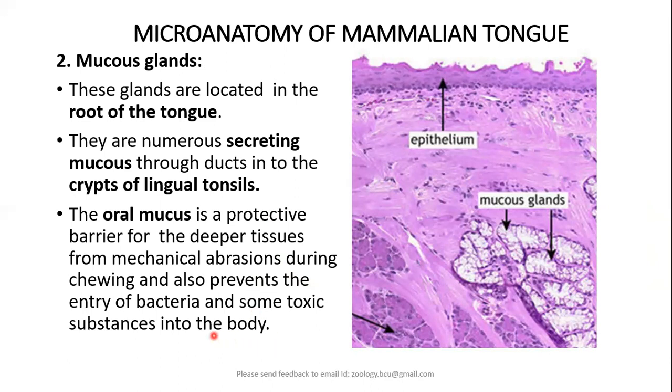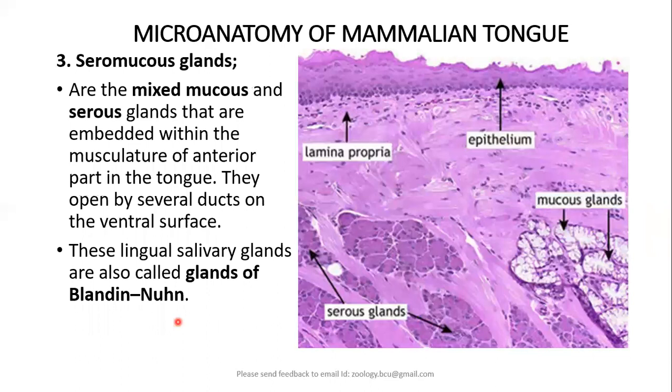As we all know, saliva in the mouth also has mucus containing antibacterial property. That's why as a first aid we try to apply saliva to the wounds, fresh wounds.